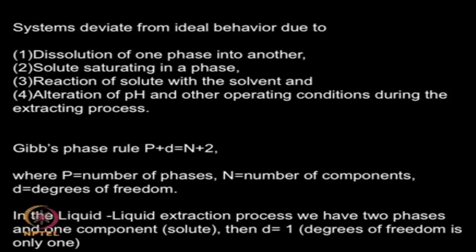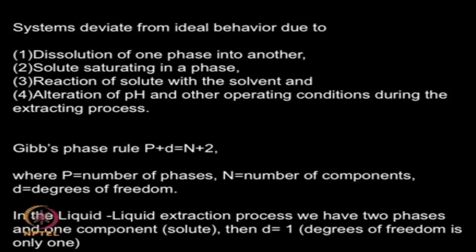So if the concentration of the solute in the solvent phase is known, then automatically the concentration in the fermentation broth or feed is fixed. So there is no extra degree of freedom, there is only 1 degree of freedom for this type of liquid extraction.